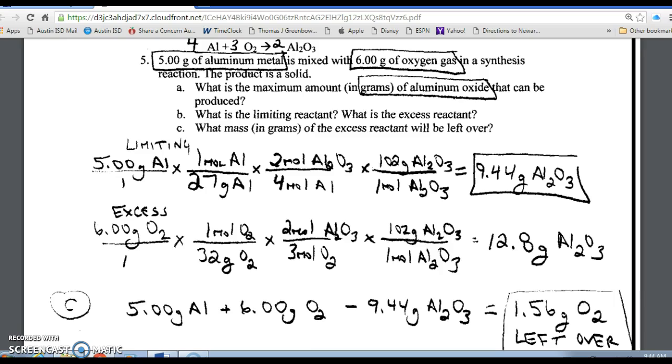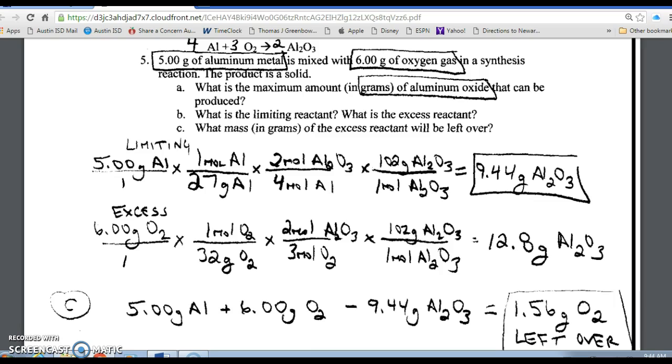So grams of oxygen to moles of oxygen using the molar mass of O2. Then we cross the mole ratio bridge, moles of oxygen to moles of aluminum oxide using the coefficients from the balanced chemical equation. And finally, moles of aluminum oxide to grams of aluminum oxide using the molar mass of aluminum oxide. And in that case, I get 12.8 grams of aluminum oxide.